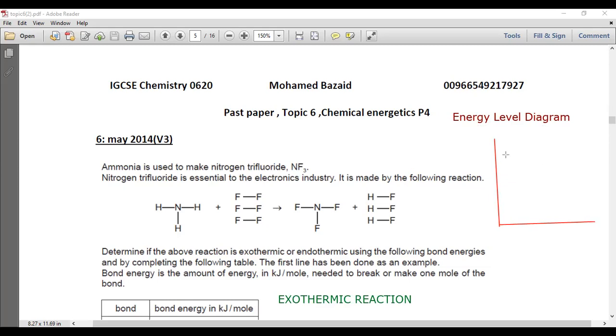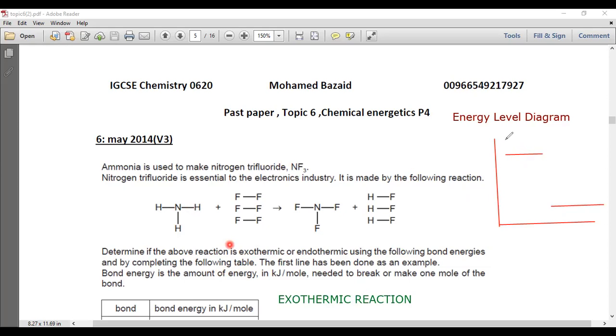Make two lines, line up and line down. The reaction exo or endo? We said the reaction is exo. If the reaction is exo, write the reactants at the top. So here I will write the reactants. What are the reactants? N triple bond H.